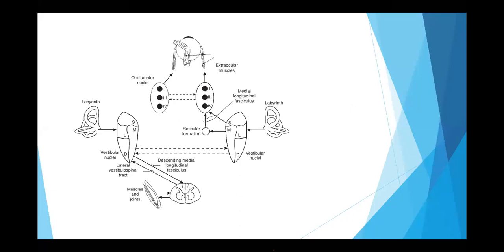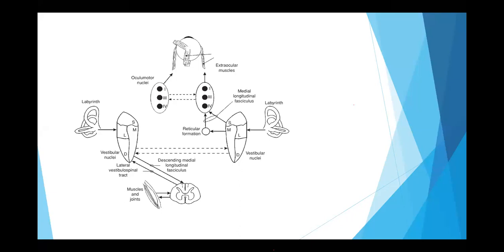This is the simplest diagram, but there are other complex things which is inside. Okay, for easy understanding, we have only included the 3-order neuron. Okay, which is called as 3-order neuron pathway, which means the first one is connecting the vestibular, the semicircular canal and the vestibular nuclei.